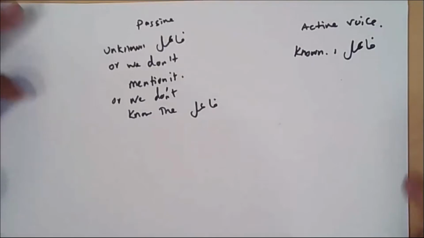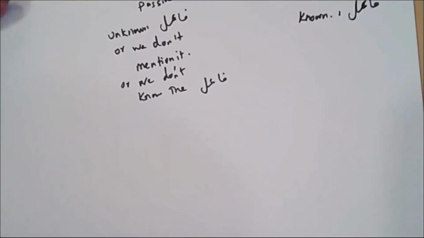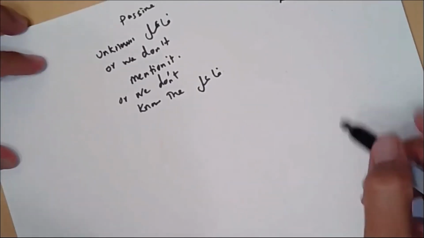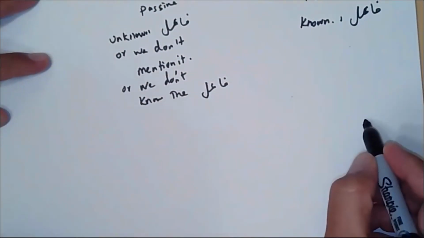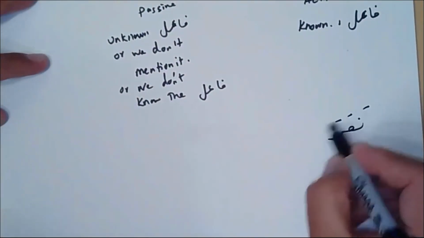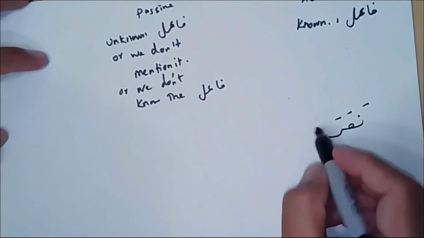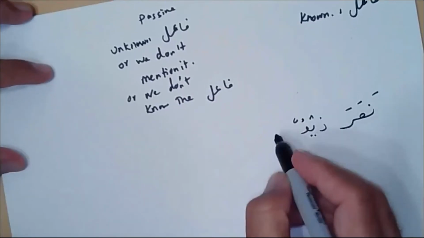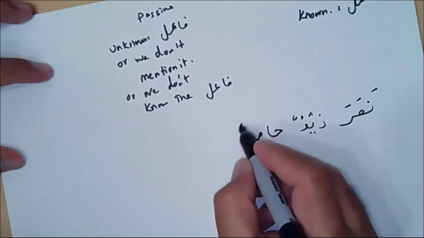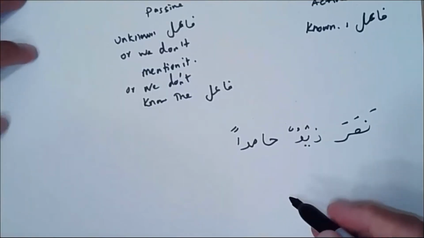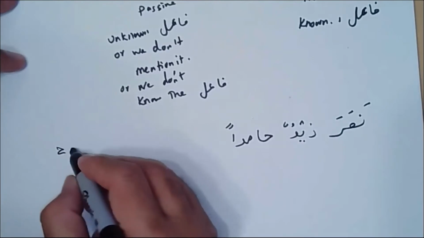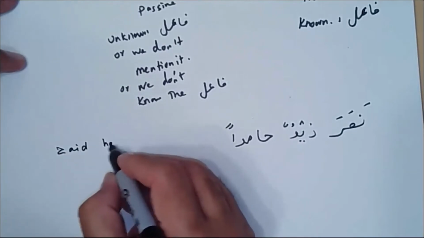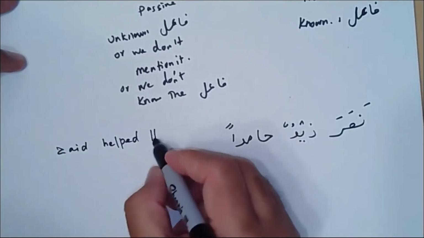Okay, so what were some of the examples we did last time? For example, we did Nasara Zaidun Hamidan. Can we do the translation first? Zaid helped Hamid.